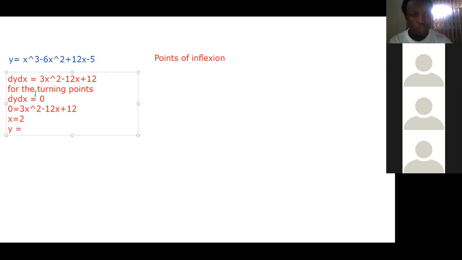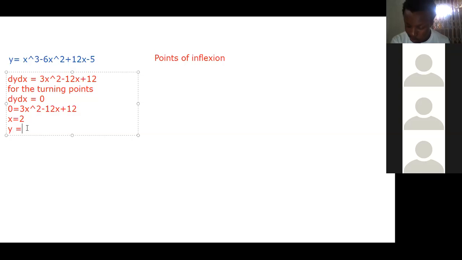You substitute 2 into the equation: y is equal to 2 cubed, that will give us 8, minus 6 times 2 squared plus 12 times 2 minus 5.